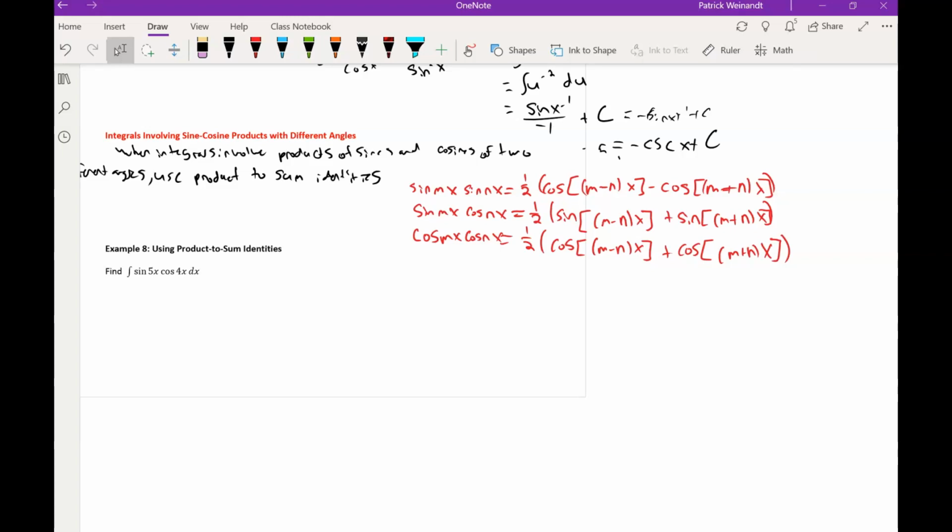So if we have the integral of sine 5x cosine 4x dx, well, we have two different angles. We have a 5 and a 4. We have sine cosine, so that's going to be the middle one.